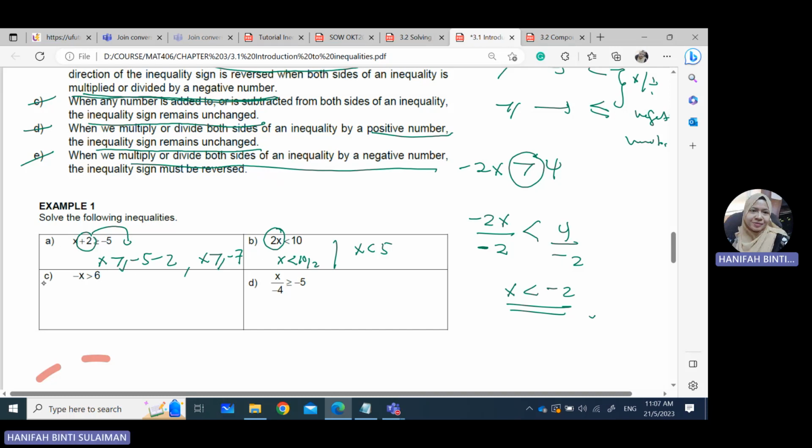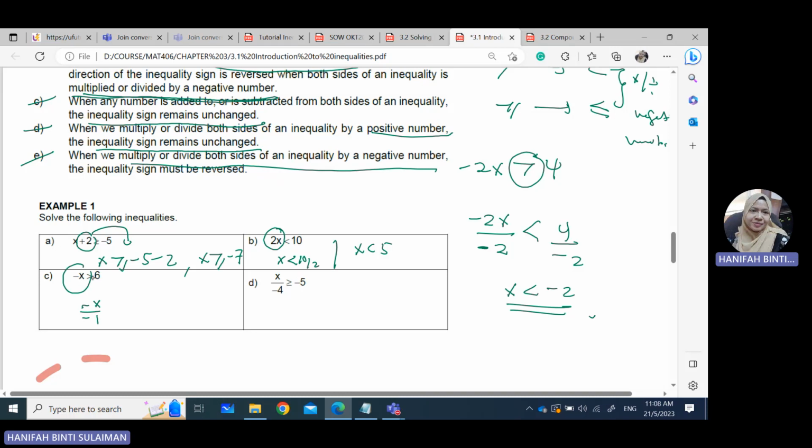Okay. Right, untuk C, kat sini kita ada negative x greater than 6. So how to solve for this x? Kita divide by negative 1, ataupun darabkan dengan negative 1. Sebab kita nak jadikan x ini sentiasa positif. Sebab kita nak selesaikan dia. Alright, so now we divide all the terms by negative 1, kita akan dapat jawapan yang sama.